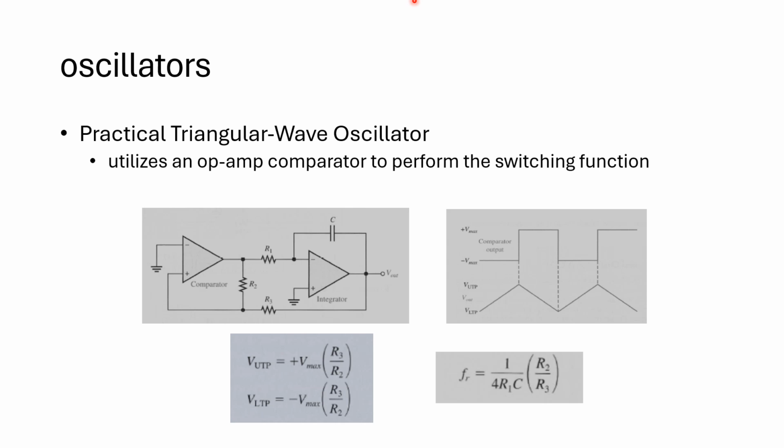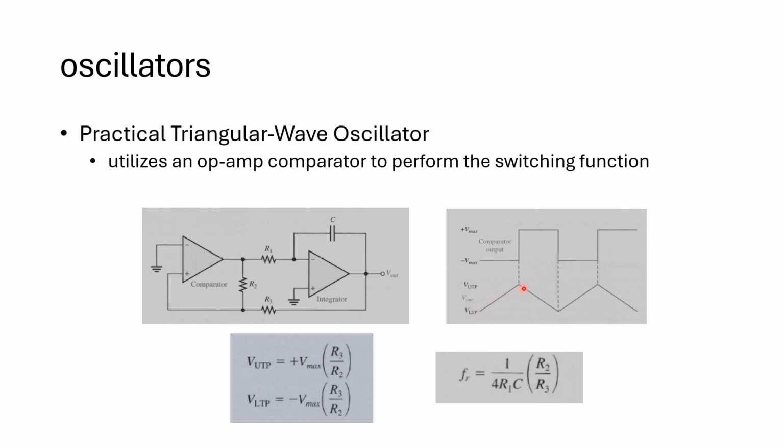So for the operation, assume that the output voltage of the comparator is at its maximum negative level. Its output is connected to an inverting input of the integrator through R1, producing a positive going ramp on the output of the integrator.